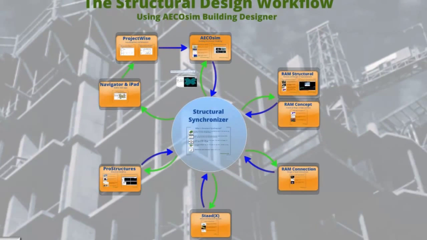So these were the first two steps we took. We did some cursory coordination in AECOsim, got to a point where we're fairly confident that we can make the design work, and we wrote that to a Structural Synchronizer format. And now from here, we can read this format into the other applications that we're going to use in the process here.